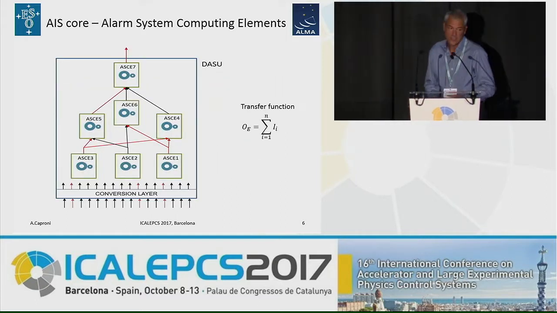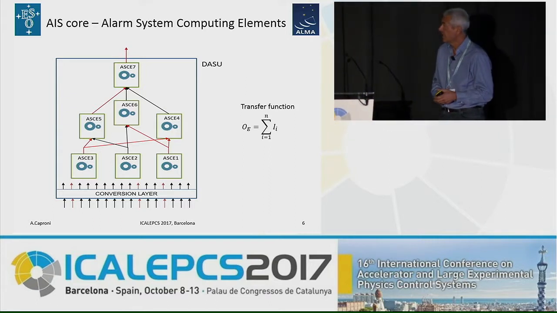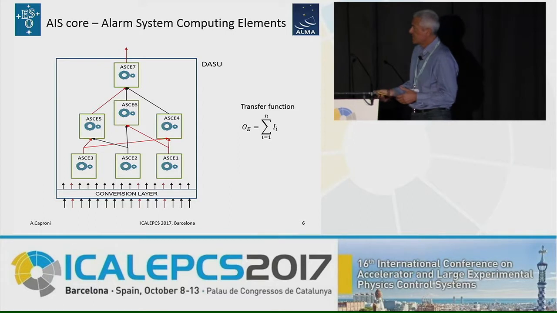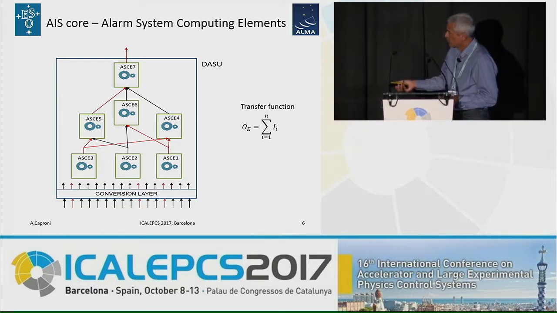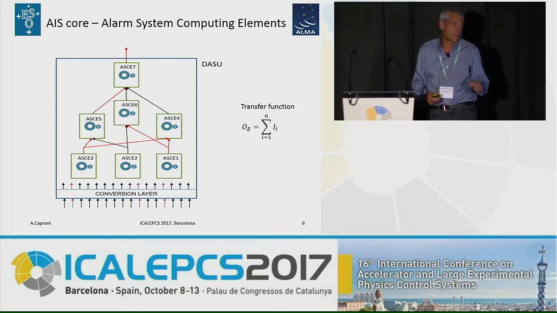Each DASU is composed of several computing elements. Starting from the bottom, we have the monitor points and alarms produced by the various monitored systems. We can have as many DASUs as we want, so we can partition the inputs.